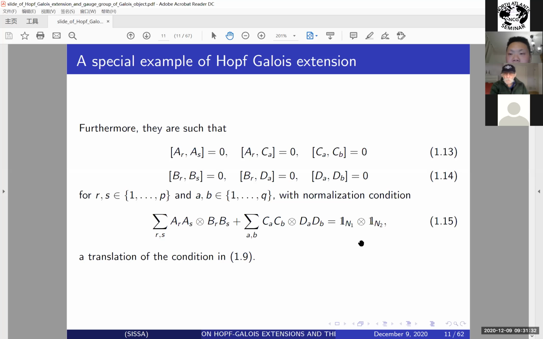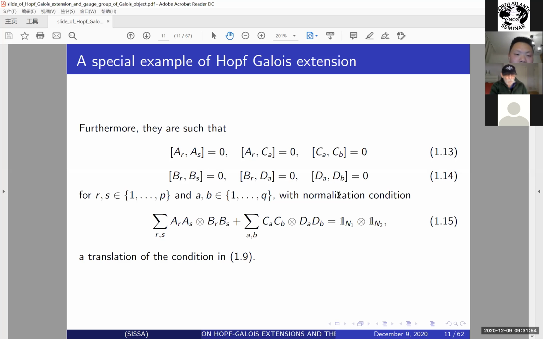And moreover, under the restriction of the Yang-Baxter equation and all the conditions above, we can conclude the matrices AR commute with themselves, and matrices CA commute with themselves, and AR and CA commute. And similarly for B and D, they all commute with each other.